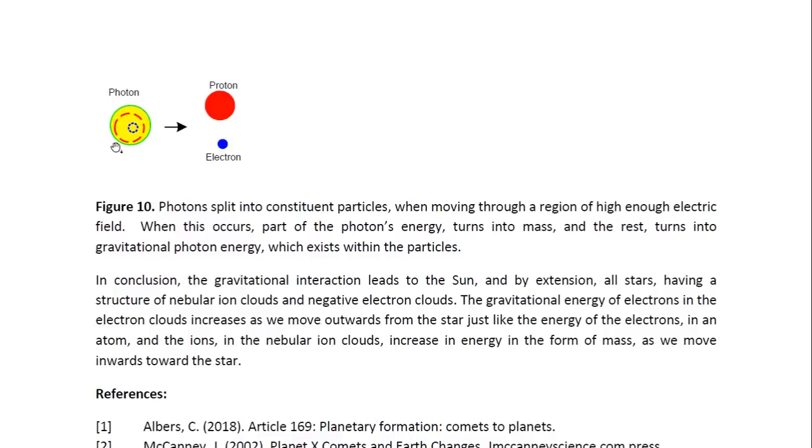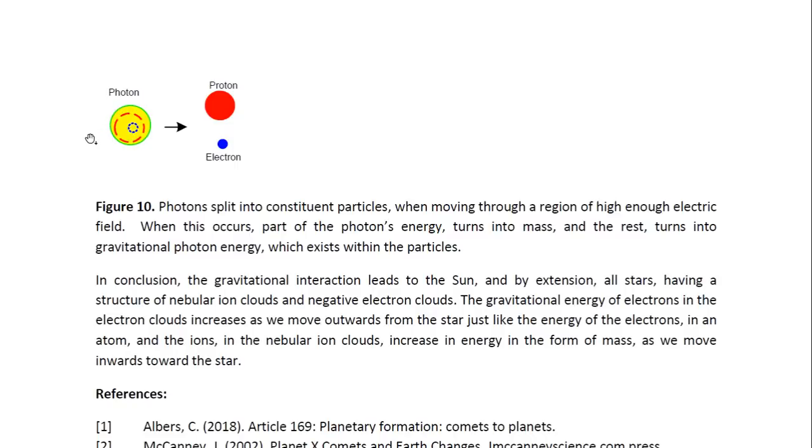We start out with a photon, which has constituent particles inside it to start off with. But at this point, the mass has not manifested. What we have is a photon with a certain energy, no mass, and moving at the speed of light.